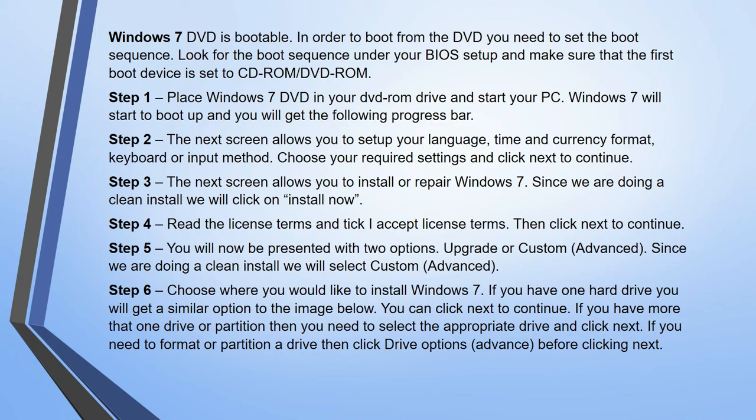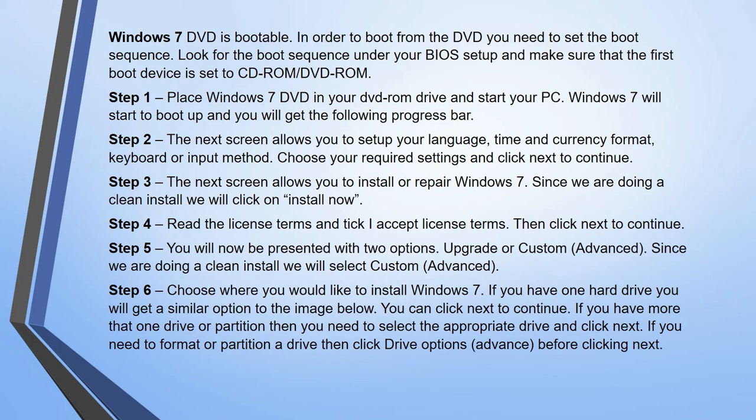Step 3: the next screen allows you to install or repair Windows 7. Since we are doing a clean install, we will click Install Now. Read the license terms and make a tick mark to accept the license terms.